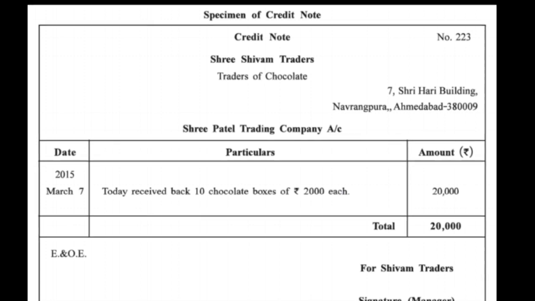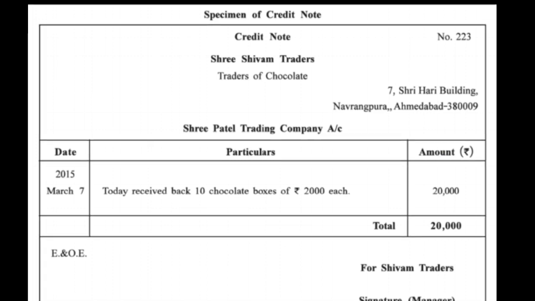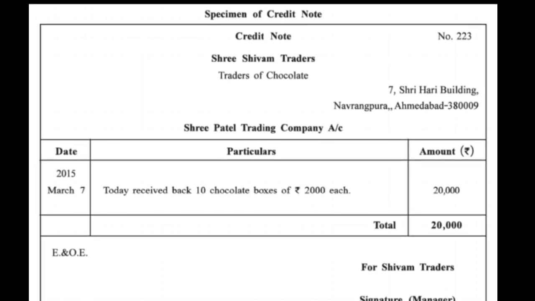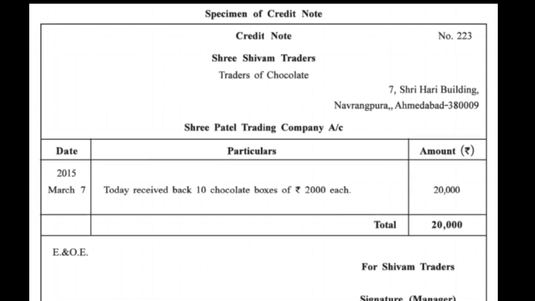Now, as a trader, when we send back the goods purchased from someone else, we also write a debit note, right? So as the trader receives our goods, he returns back a credit note. The same is here, when the sales is returned back to us, we write a credit note to our customer.